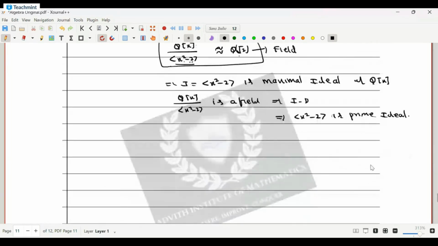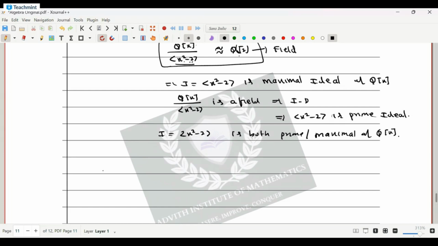So therefore I, generated by x square minus 2, is both prime and also a maximal ideal of Q over x.